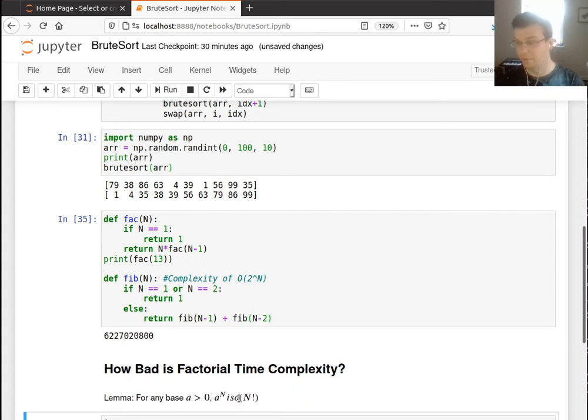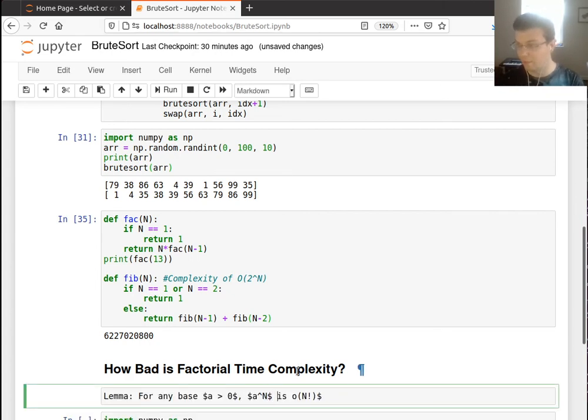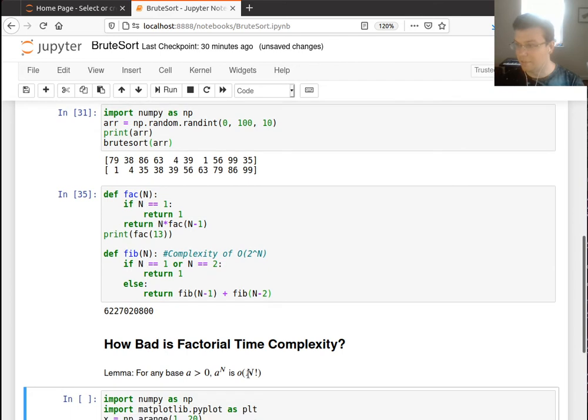Which, remember, means that this is actually lower bounded by n factorial. I can choose a humongous base for my exponent, but eventually n factorial is going to turn into something greater than it for a big enough n. So it's even worse than any possible exponent that I can choose.